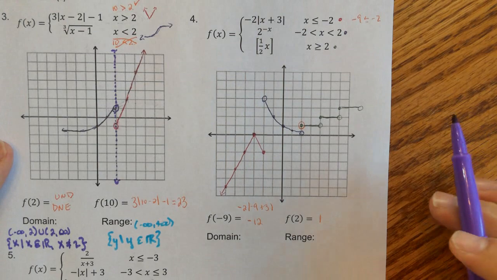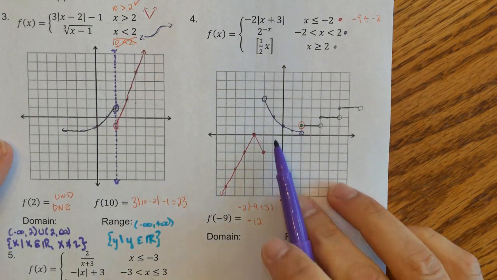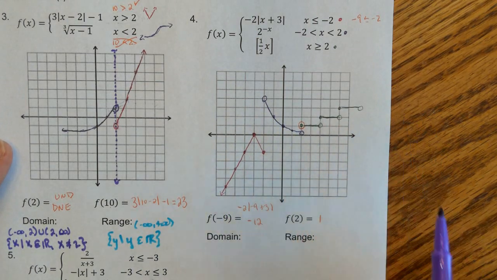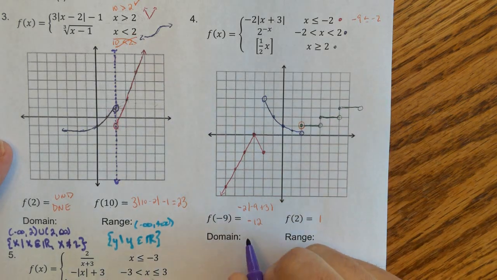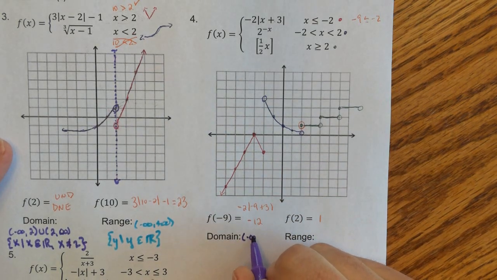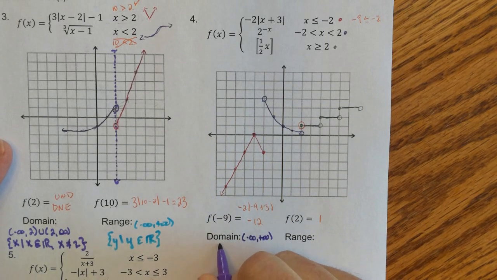Good. Domain. So our domain covers all x's as we go across. This one continues on. So we are from negative infinity to positive infinity.